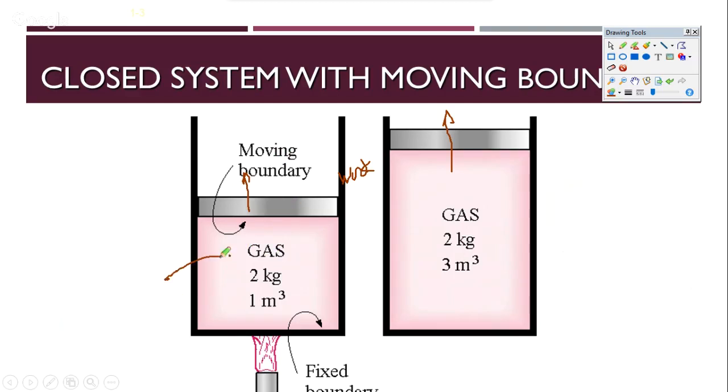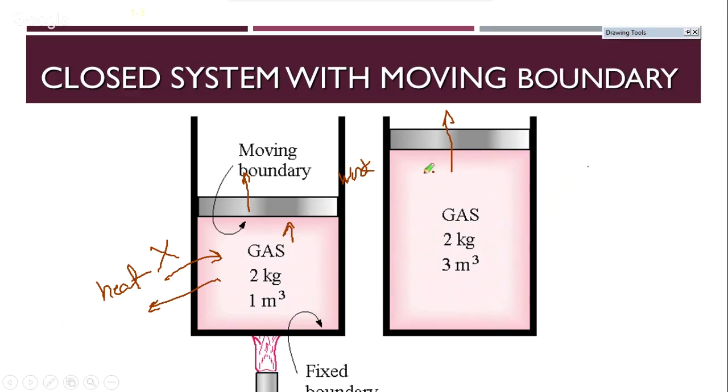The only problem is you cannot directly give out or take in heat. Heat or any other form of energy is not allowed, but work can definitely be done. So this is a closed system with a moving boundary, which helps us exchange work. And work is a form of energy, therefore energy exchange only through work is possible, but not otherwise. So that's a closed system.